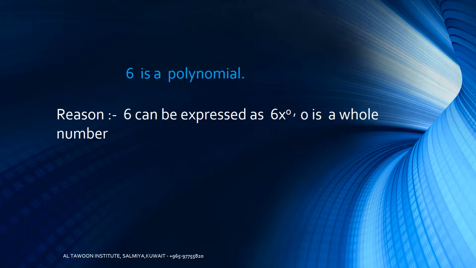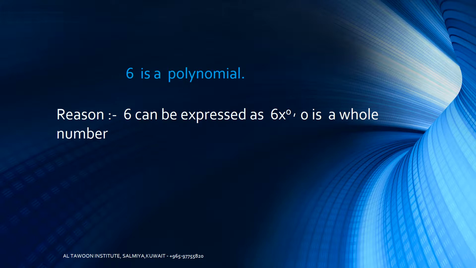A polynomial p(x) = ax⁴ + bx³ + cx² + dx + e of degree 4 is called a biquadratic polynomial. The next one, the value of a polynomial at a given point x = k.